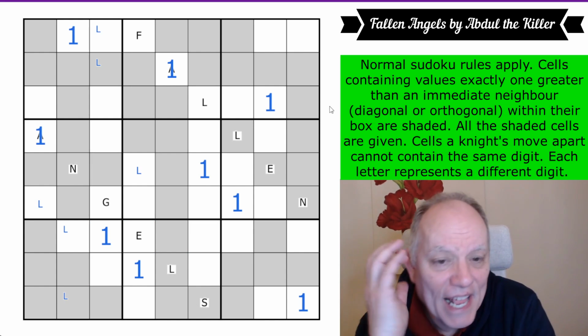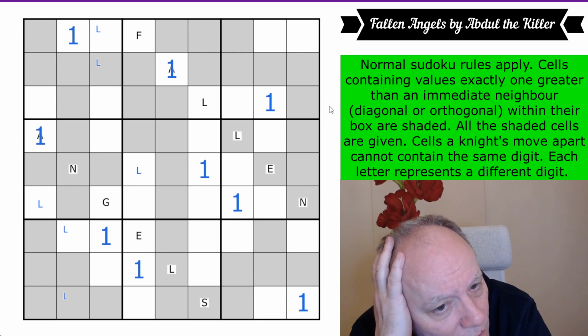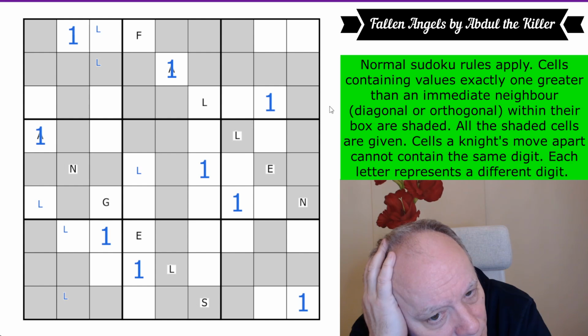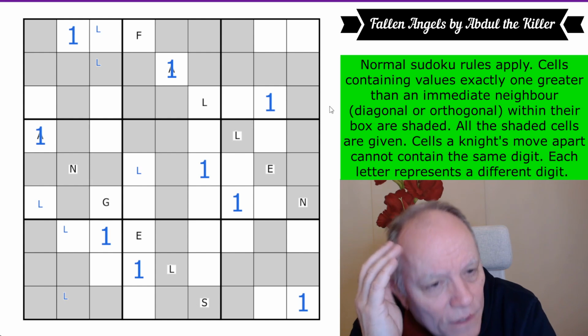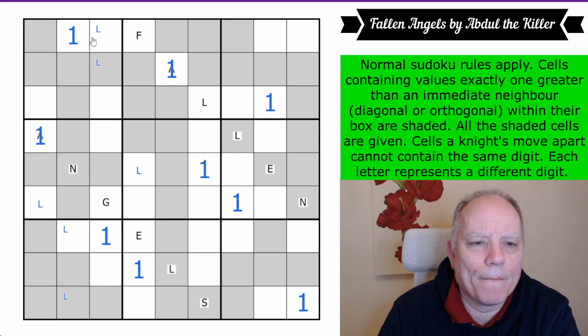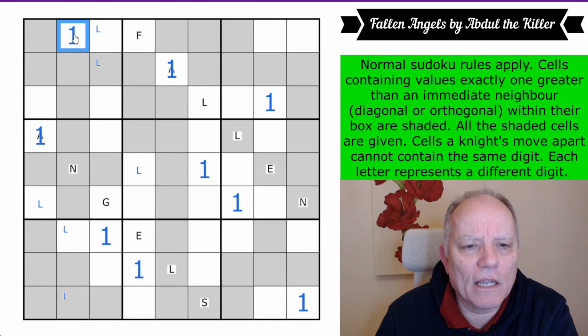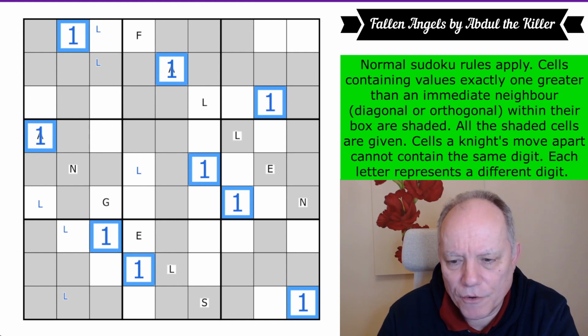Now, is there any chance of moving this up to 2s? The trouble is a 2 touching a 1 will be grey. Okay, so this can't be a 2. Okay, I'm going to colour the cells that can't be 2s, and I'm going to start with 1s.